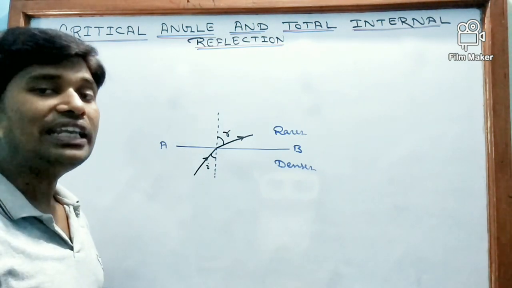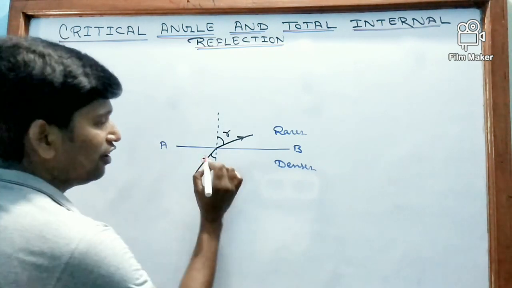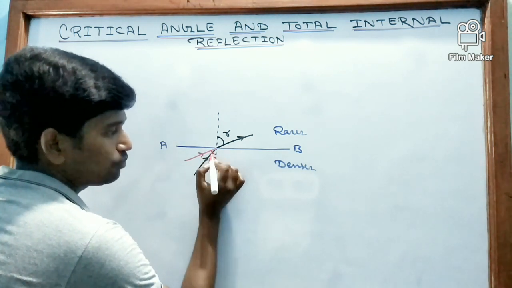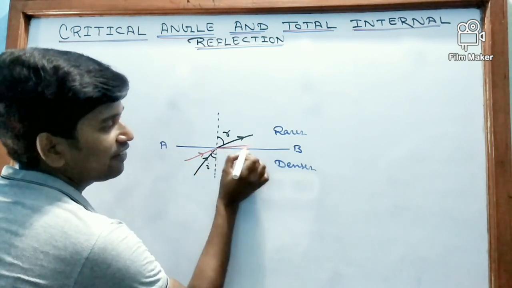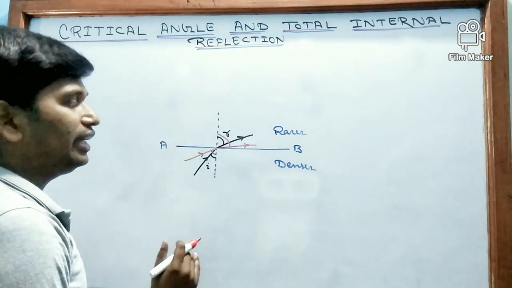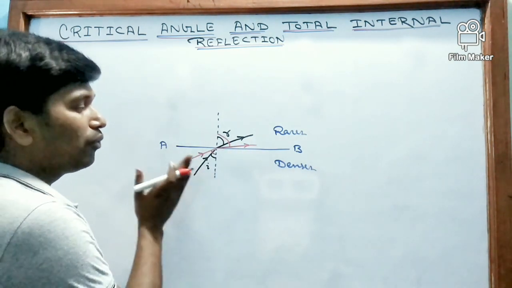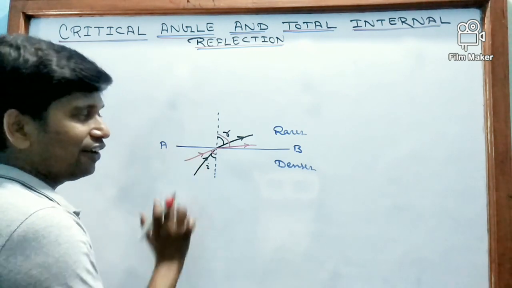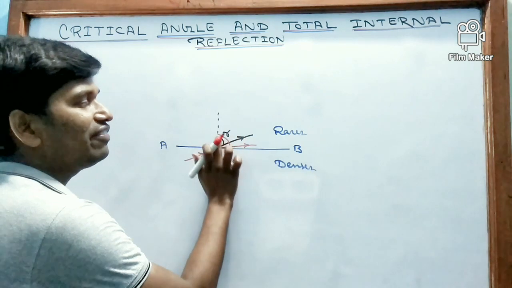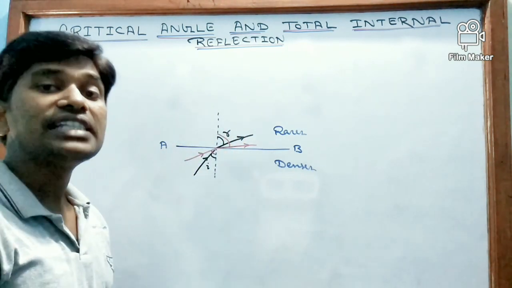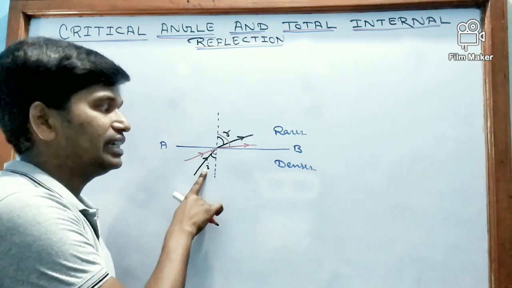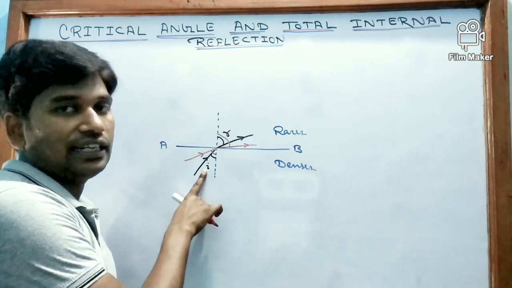As we increase the angle of incidence, the angle of incidence is more, so the angle of refraction will also increase. Similarly, for a particular angle of incidence I, if the angle of refraction becomes 90 degrees, then this I or angle of incidence is called the critical angle.